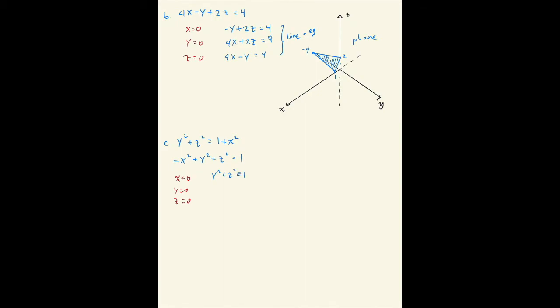So this is the ellipse on the yz plane, and then x squared and z squared, this is a hyperbola. These two. So the hyperbolas are in xz and yz. So let's draw.